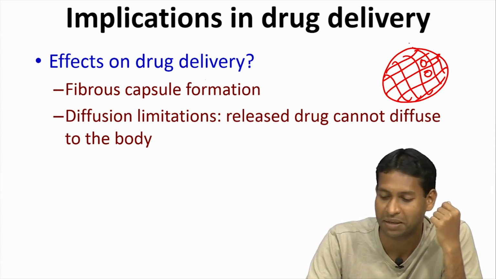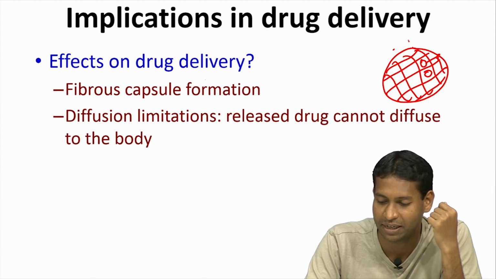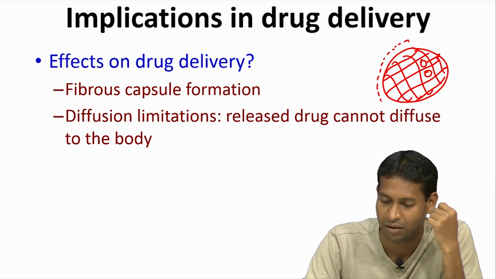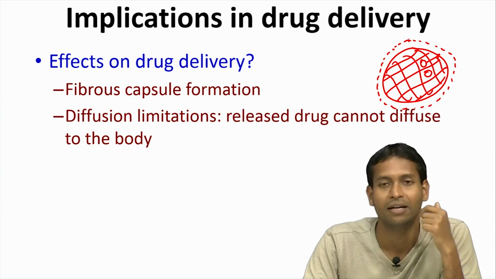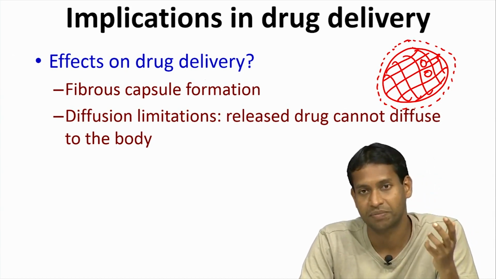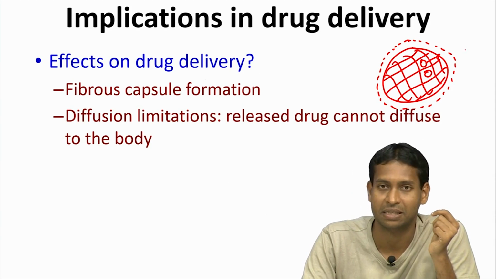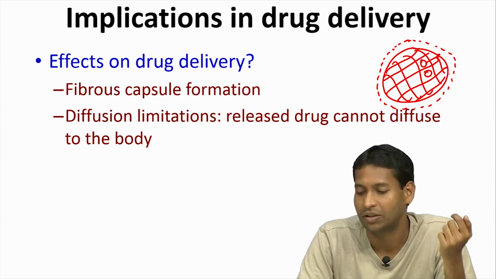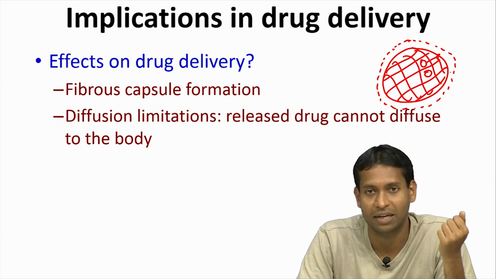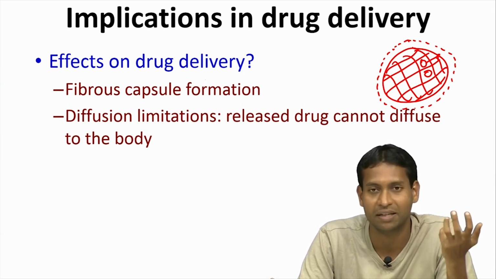But that is not going to happen anymore, because now this is coated with a thick layer of blood clot, which is going to change the diffusion, or maybe even cause no diffusion to happen. So, that is a parameter that you had not accounted for, and that is going to cause a failure in the therapy.